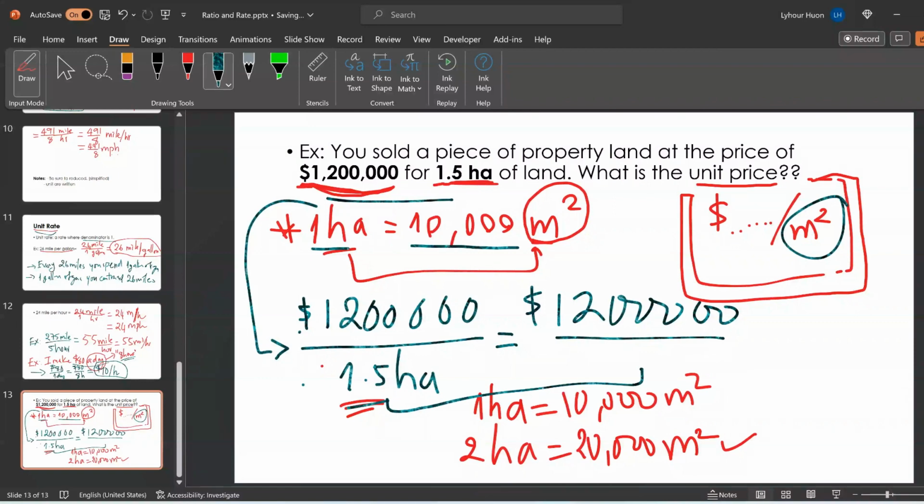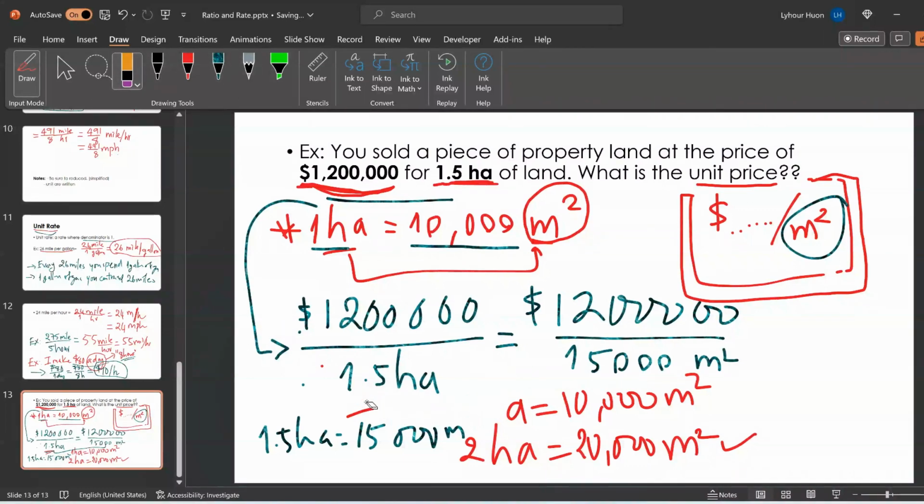So 1.5 hectare equals 15,000 square meters, right? Okay, so now write it: 15,000 meter square. Now conversion is done.